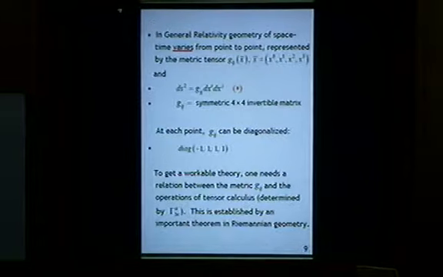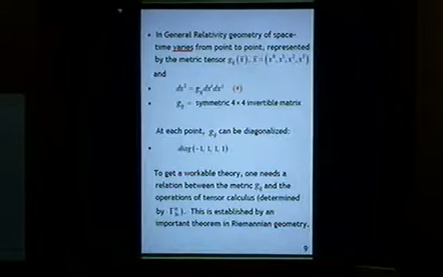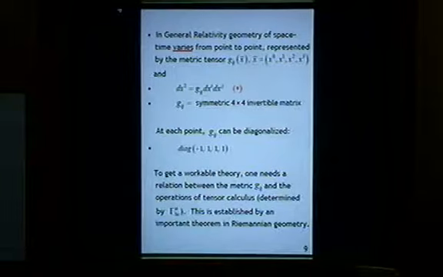Now in general relativity, the geometry, see that was special relativity, Minkowski space, where all the coefficients were plus or minus 1. But in general relativity, the geometry of space-time varies, changes from point to point, and it's represented by a metric tensor. So the metric is a 0-2 tensor, and so g_ij depends on the point x bar, and x bar is x0, x1, x2, x3.